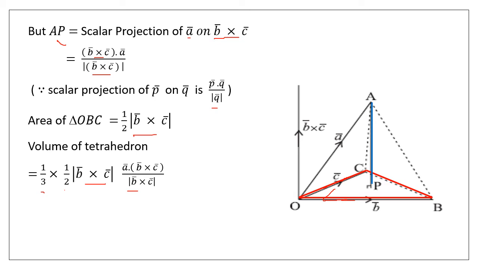Similarly, student, here mod of B bar cross C bar gets cancelled. So we have 1 upon 3, 2 threes are 6. A bar dot B bar cross C bar equals 1 by 6 box product A bar B bar C bar, which is the volume of the tetrahedron, hence proved.